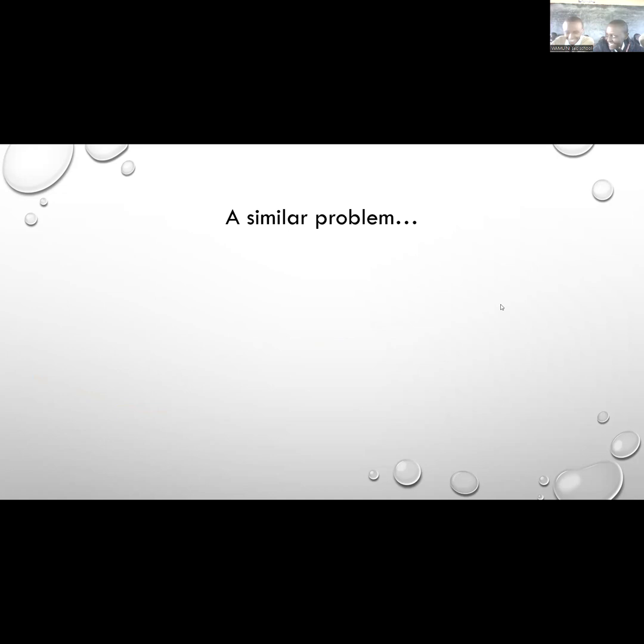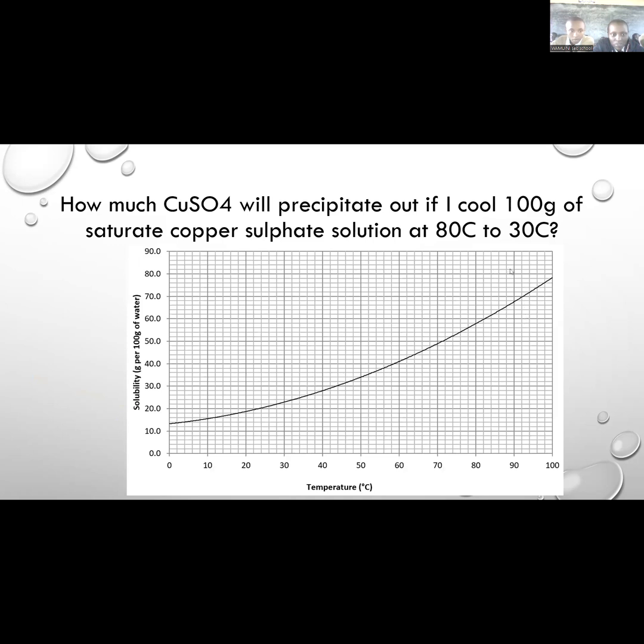Okay, here's a similar problem. See if you can work out this one. I'm going to give you 5 minutes or so to have a look at. The question is, how much CuSO4 will precipitate out? Sorry, I think part of my screen is covering yours. If I cool 100 grams of saturated copper sulfate from 80 to 30, see if you can do that one.